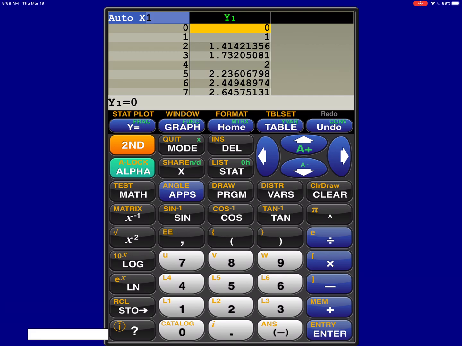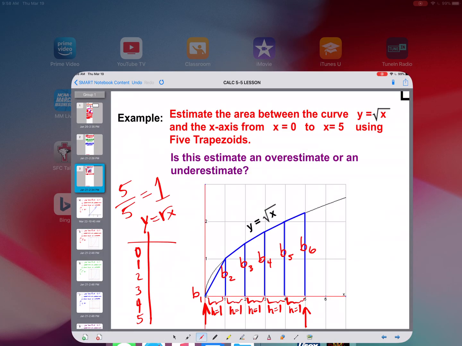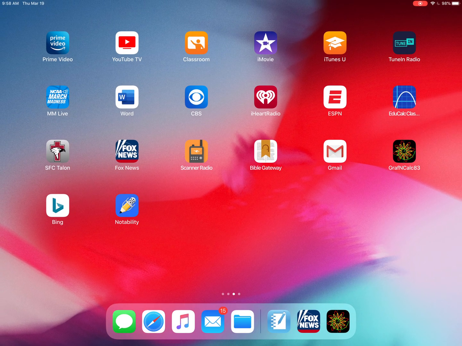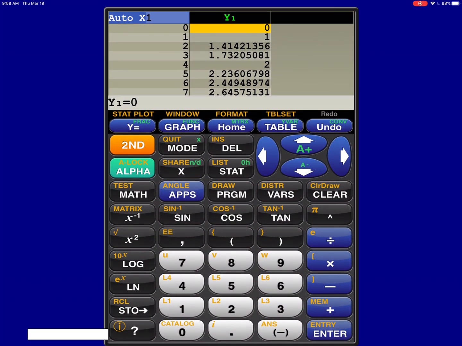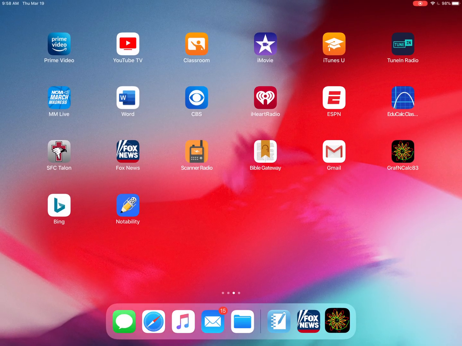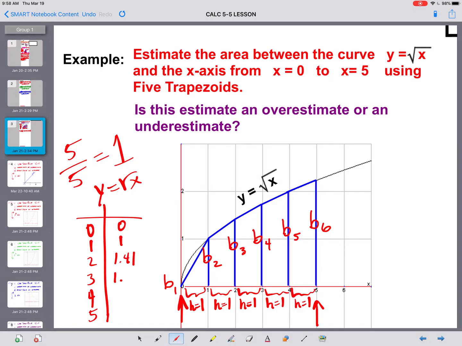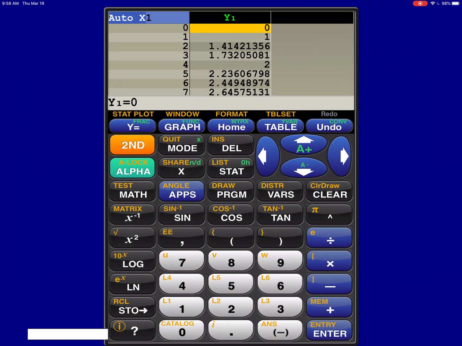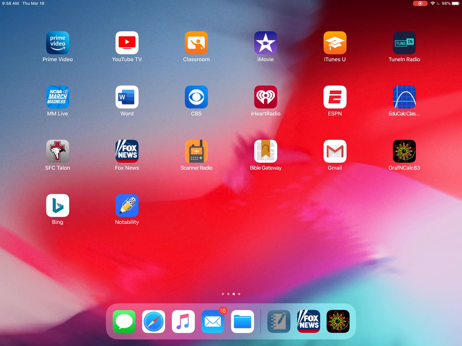0, 1, 1.41. Okay? Let's go look at the last 3. Okay, we got 1.73, 2, and the last one, the square root of 5, is, boom, there it is, 2.23. Okay?